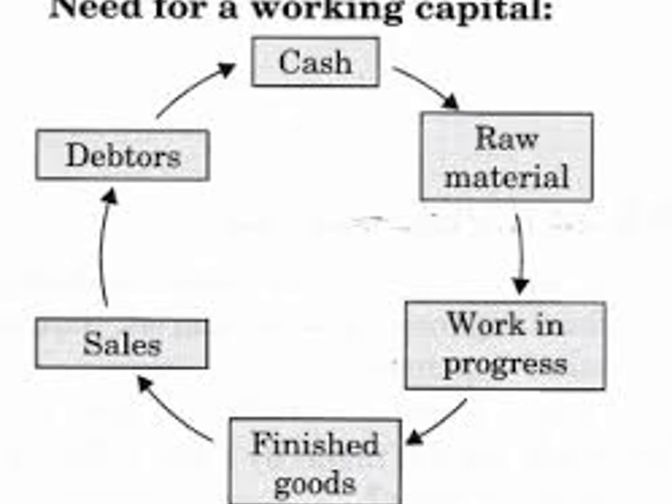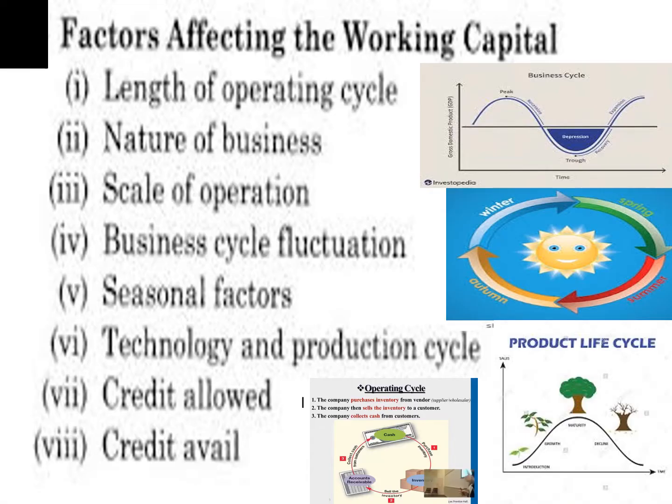Now this finished good, when out in market, goes with the sales, and if the sales goes with credit, then debtors, and finally the realization of the cash. So to ensure this cycle to continue, we need to know the working capital requirement. So we'll be seeing what are the factors in working capital requirement.